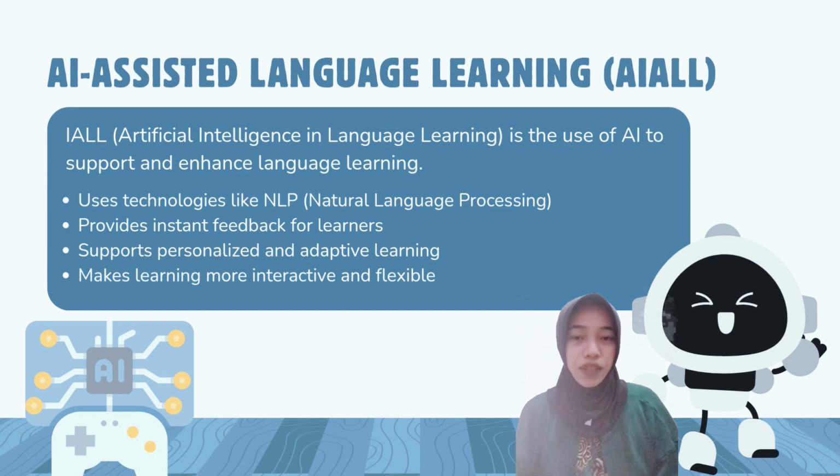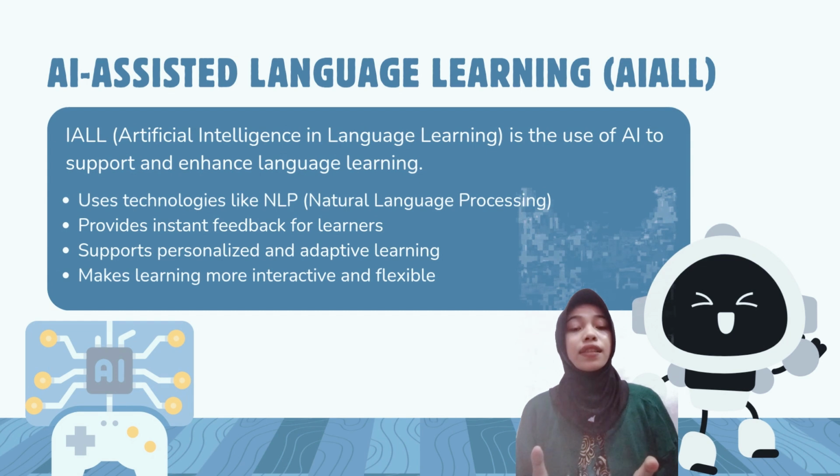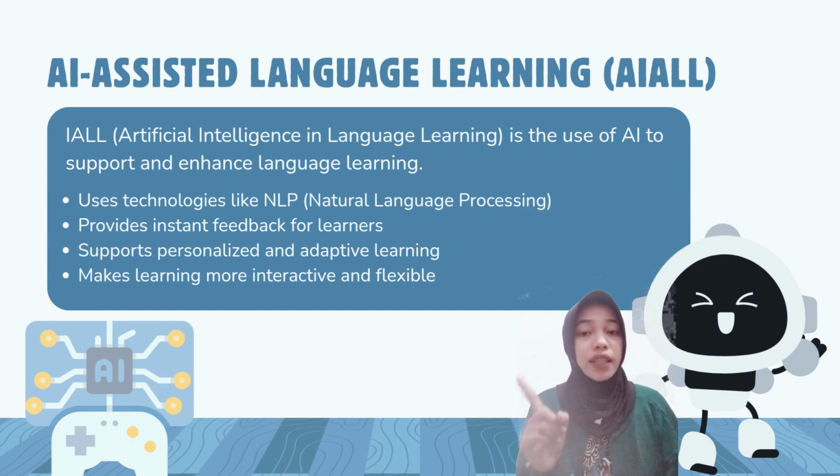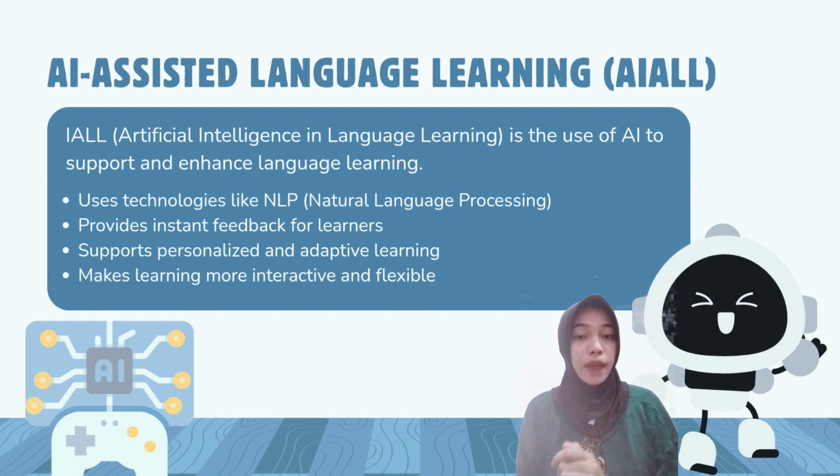With AI, students can receive instant feedback, for example, in grammar, writing, or even speaking. Another important aspect is personalized learning. AI can adjust responses based on the user's need, so each student can have a different learning experience.